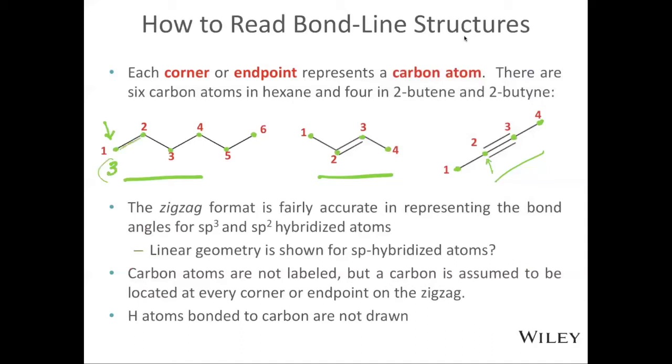So we have 3 additional spots, and so we assume any end of a line bond structure, that carbon has 3 hydrogens. If we see a corner right here that is bonded to 2 different carbons, then there are going to be 2 hydrogens on that carbon. Remember, carbon always has to add up to 4, and anything that's not drawn on the line bond structure is assumed to be a hydrogen.